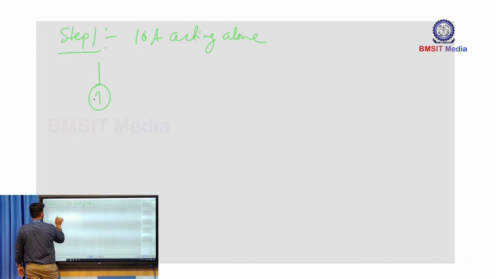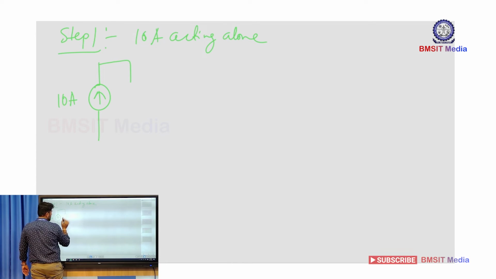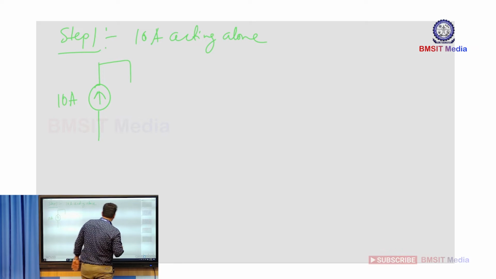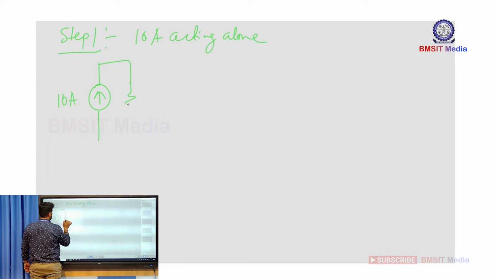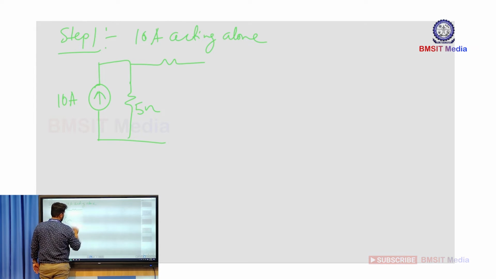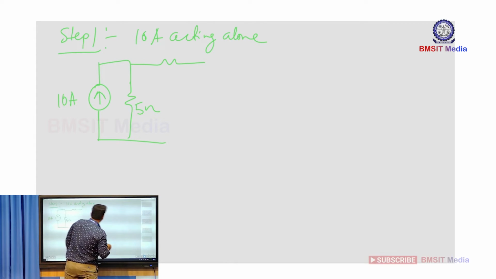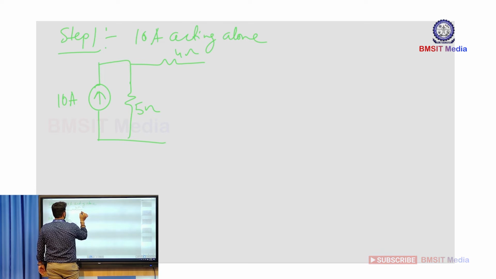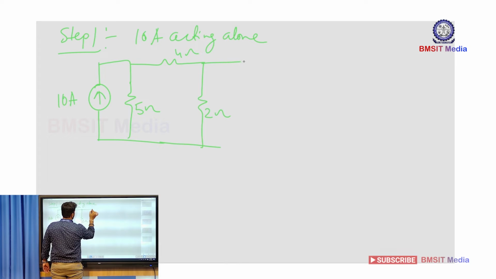We have the 10 ampere current source here, and one resistor of 5 ohm, and another resistor of 4 ohm, and another resistance of 2 ohm, and here another resistance of 2 ohm.